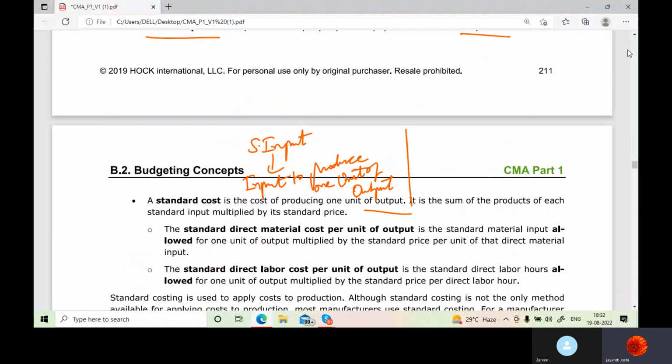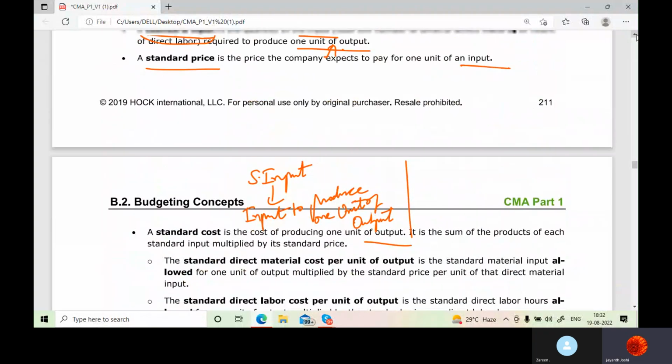Then comes standard cost, which is nothing but the cost for making 1 unit of output. Okay.